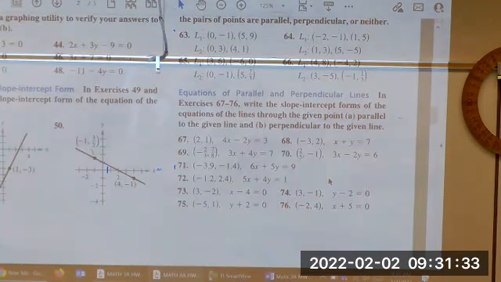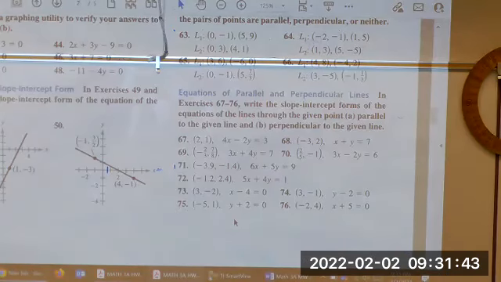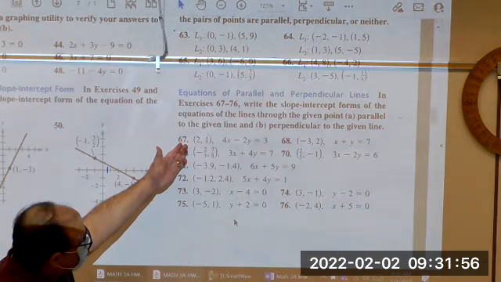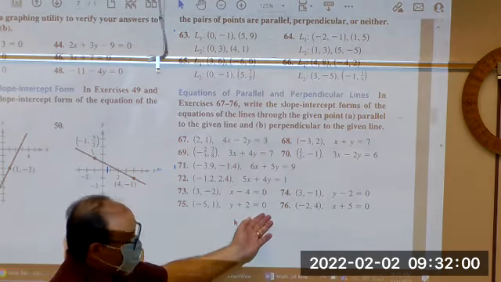Because in Math 103, 67 through 75 happens all the time. In Math 103, I tell you, you're going to have to write the equation of the line through a point that's parallel or perpendicular to some other line.